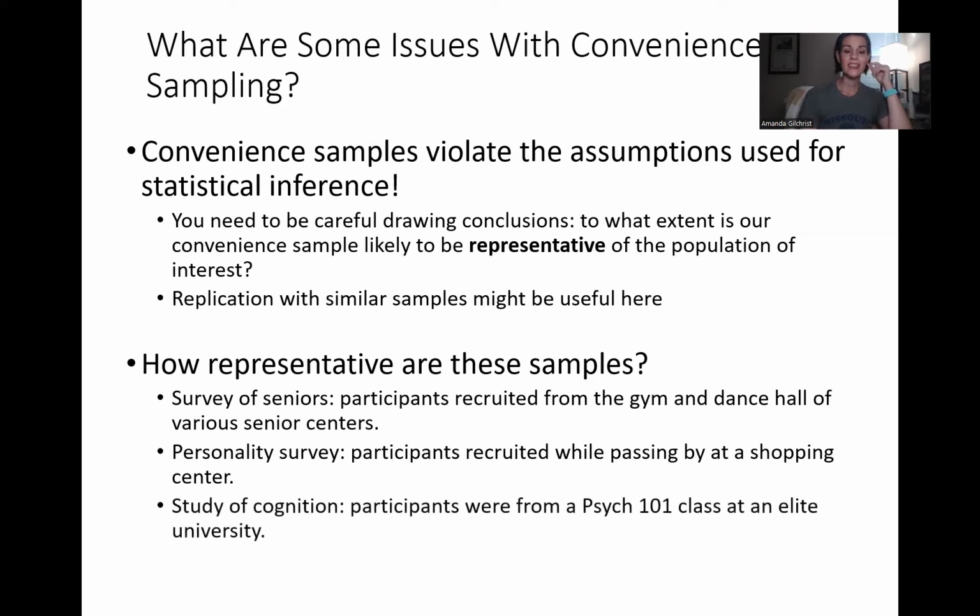And then finally, let's say we're doing a study of cognition. Participants were from a Psych 101 class at an elite university. And again, you already kind of know how I feel about samples of Psych 101 students. They're not representative, but they're a quick and easy way to get data. However, I want to really highlight elite universities.